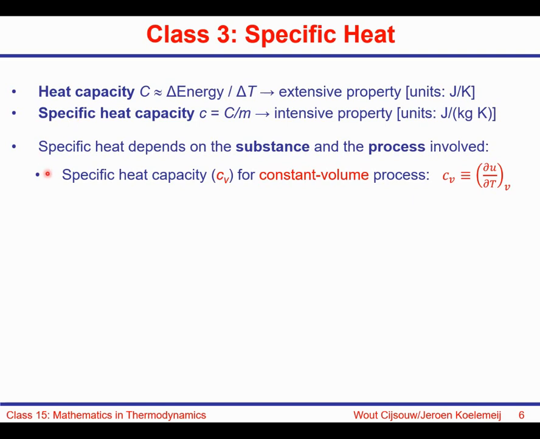For example, you can define a specific heat capacity for a constant volume process, and this is defined as the change in internal energy with respect to temperature for a fixed specific volume. That's the definition of the specific heat capacity, CV.